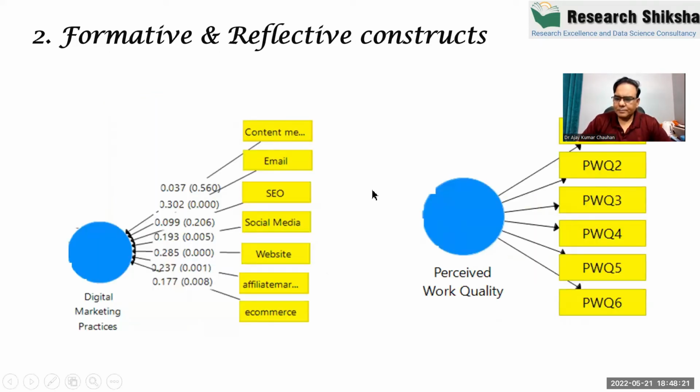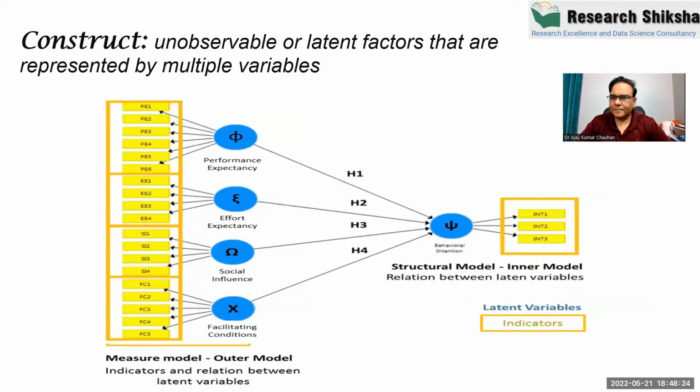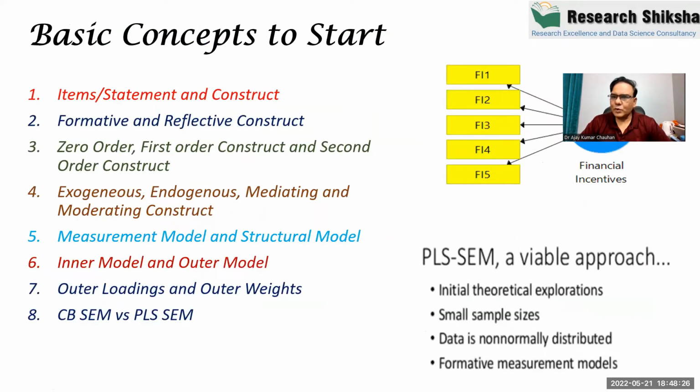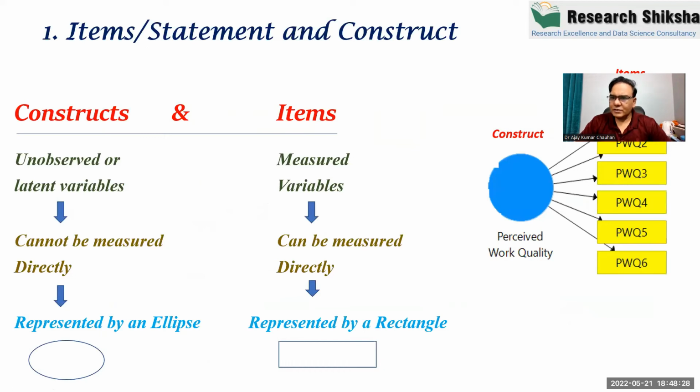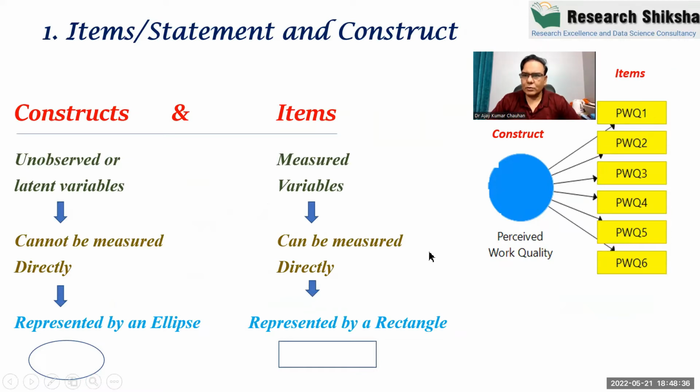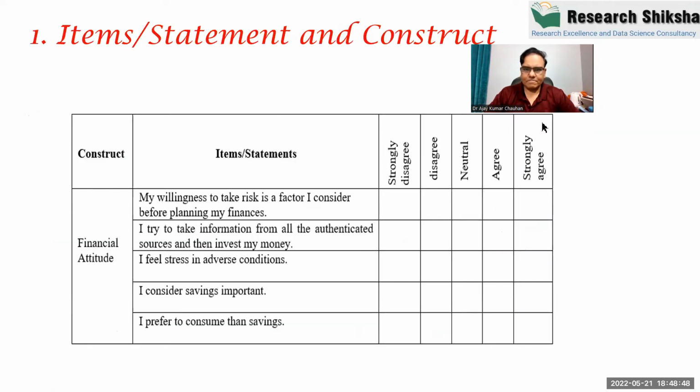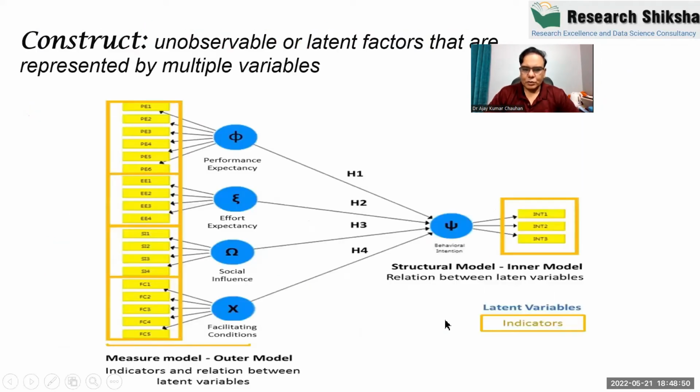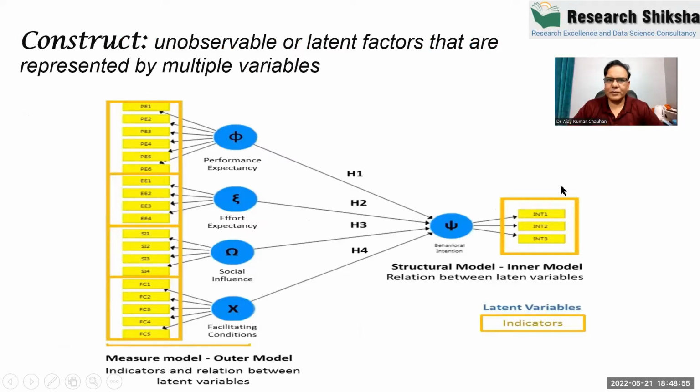Now I hope our first point is clear: what is a construct and what is an item. If you have any doubt, you can put it in the chat box, and I will answer any query related to items and constructs. No query is coming, so it is clear what the difference between an item and a construct is.